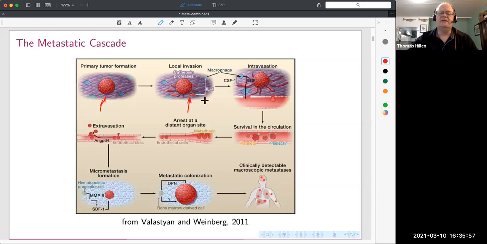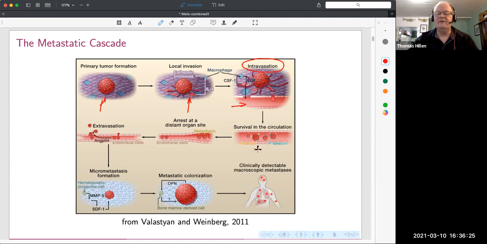This is when cells transform from an epithelial type to a mesenchymal type, and they become invasive, they lose adhesion, and then they invade into the local tissue. While doing this, they can eventually reach a blood vessel right here, and then intravasate into the blood. And of course, if the cancer is vascularized already, then they don't have to go, they have access to the blood vessels immediately.